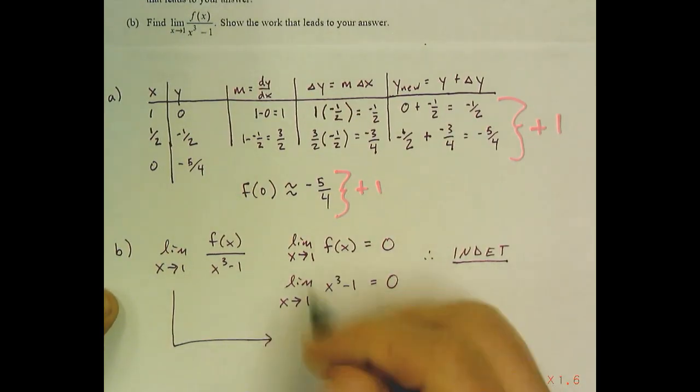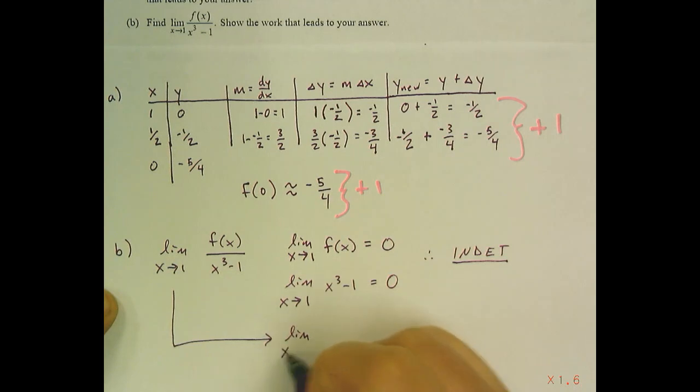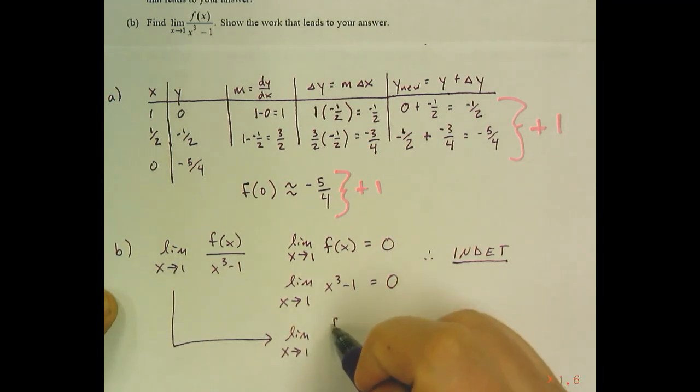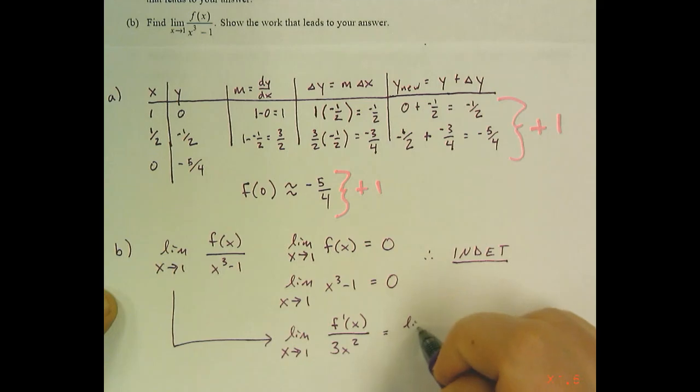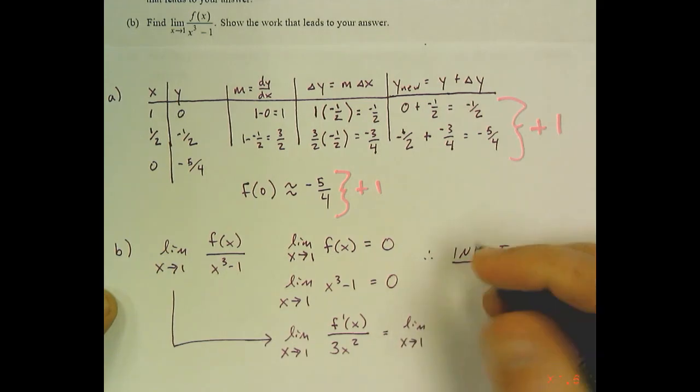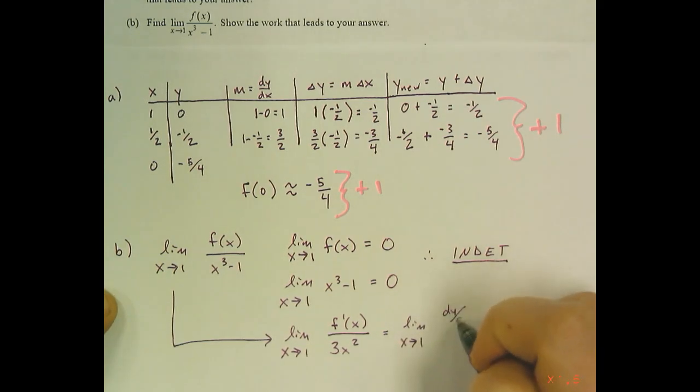So we're going to rewrite the limit expression: f prime of x over 3x squared. And f prime of x, as one student so deftly wrote on their test, is dy/dx, over 3x squared. And they give us dy/dx.